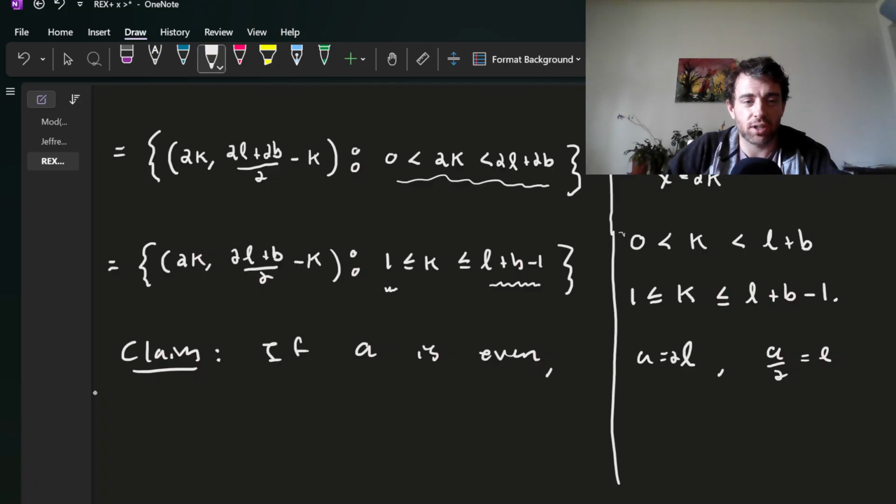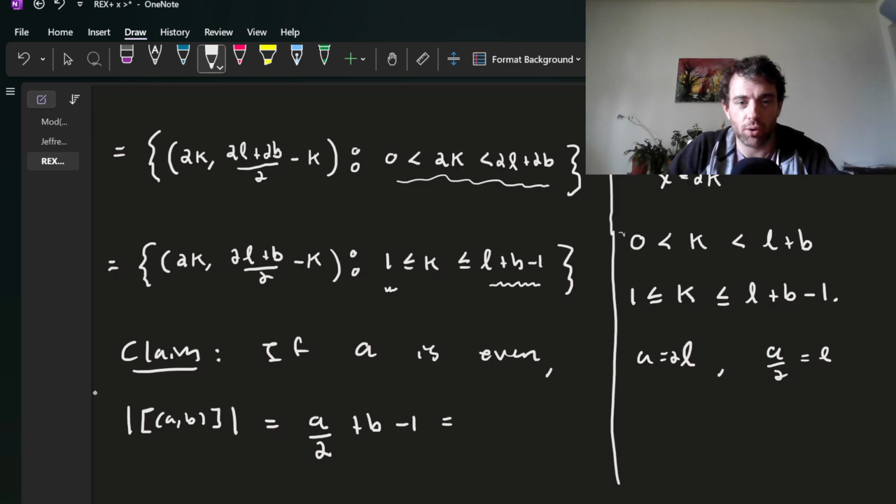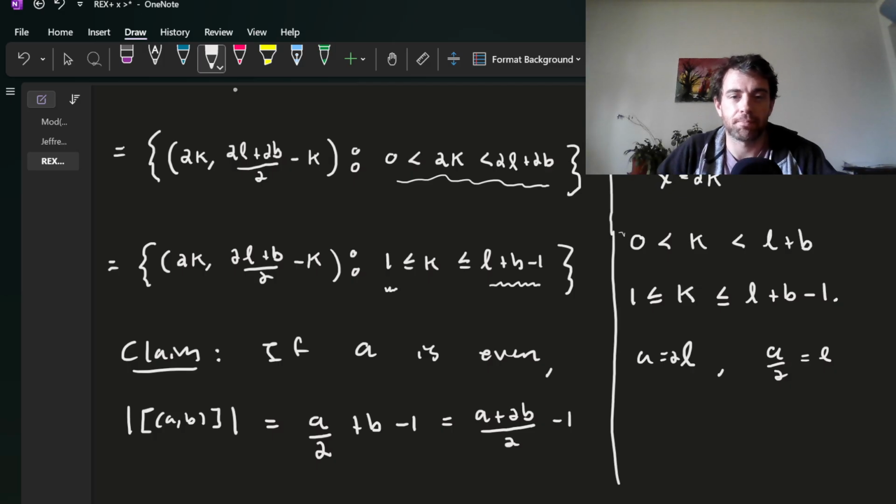So if A is even, then the cardinality of the equivalence class of A and B is A over 2, so that's what L is, plus B minus 1, or to write this slightly differently, adding some of my fractions together, this would be A plus 2B over 2 minus 1.